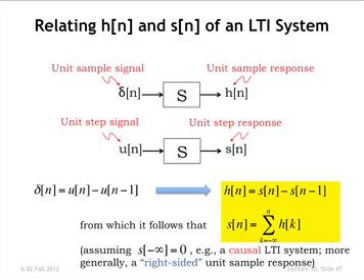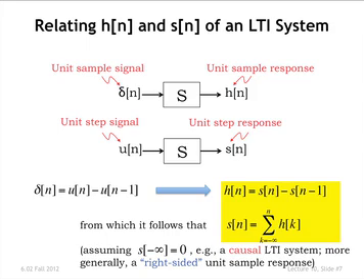And when you come to integrate, in discrete time, what you do is summation instead of integration. You need to assume an initial condition of some kind. And it turns out if you assume that way back in the past, the value of the step response was 0, then you can go from this description to a description the other way, relating the step response to the unit sample response.